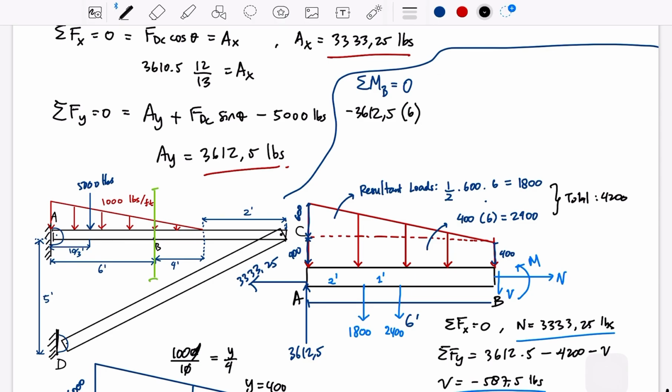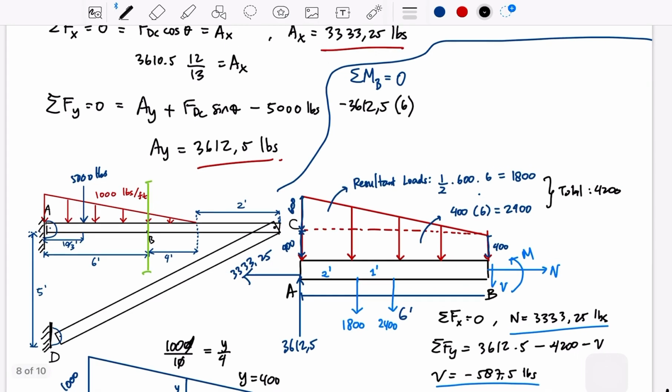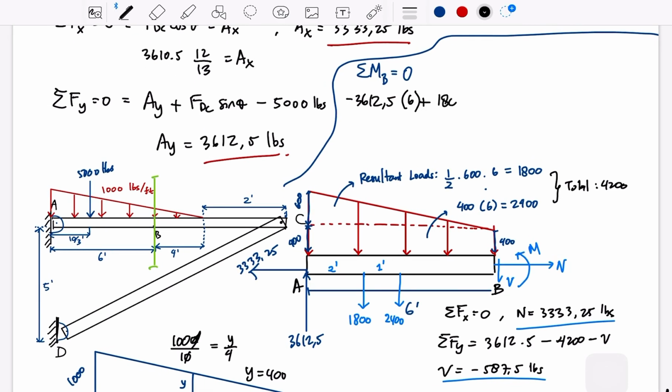And multiply with 6, and then this 1 goes here. 1 plus 3 is 4, so it's now positive. So clockwise and then counterclockwise. And then one more, 2,400 is the same, positive. And now it's 3.